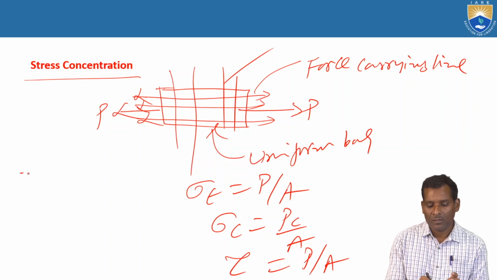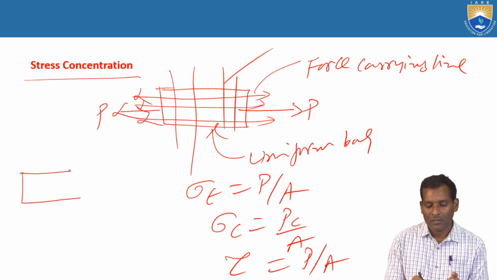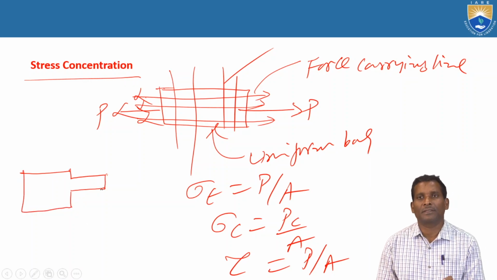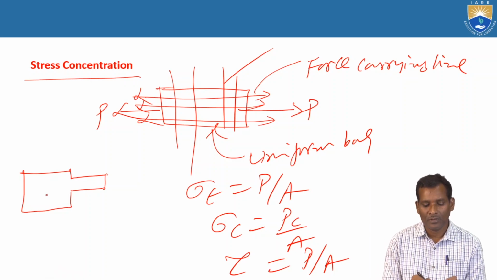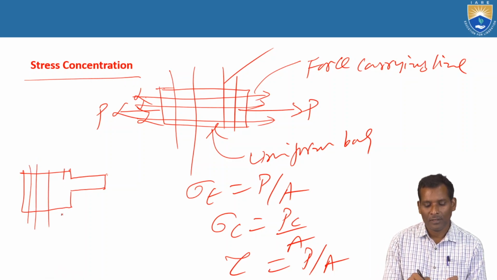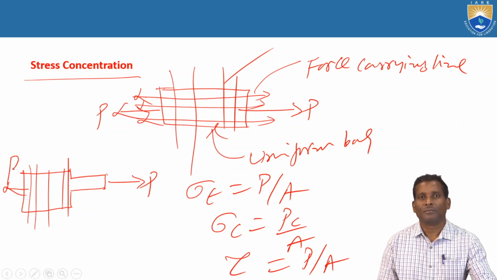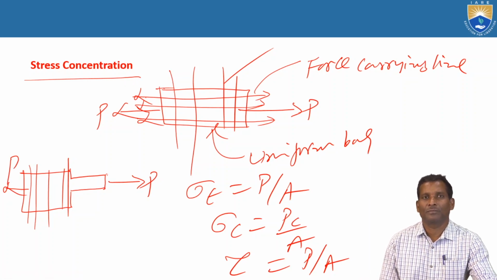Suppose the cross section is like this, uniform up to here. Suppose this component is also subjected to tensile load.